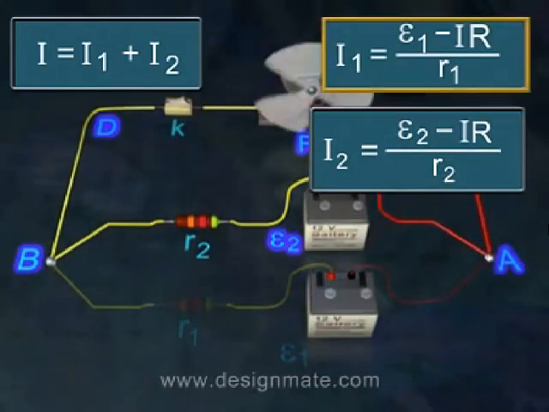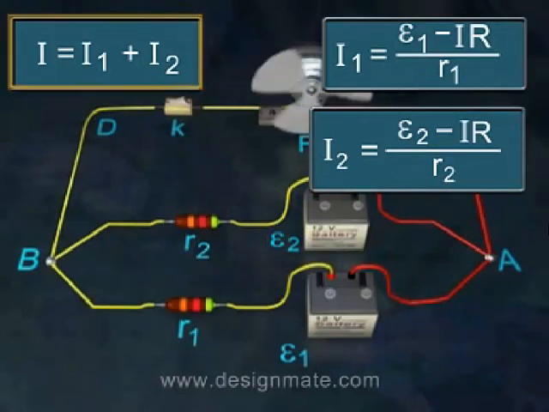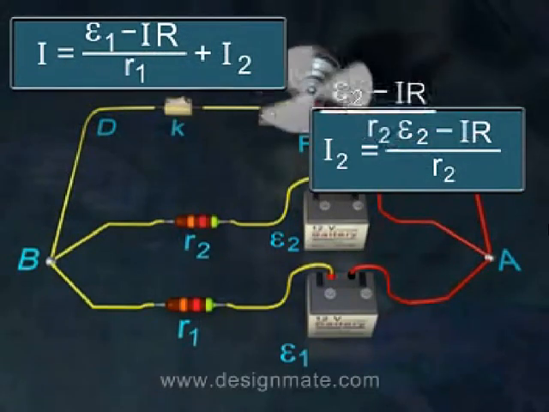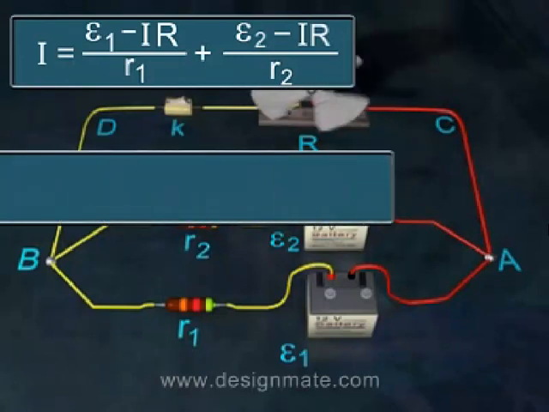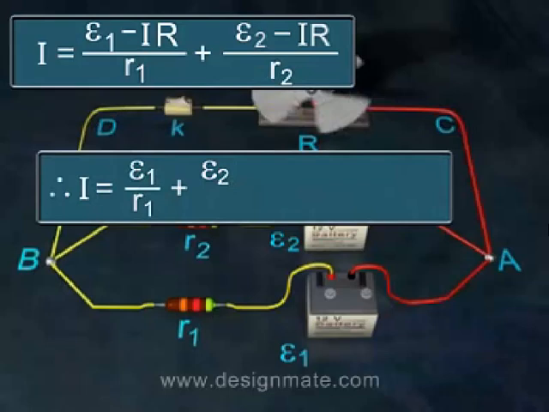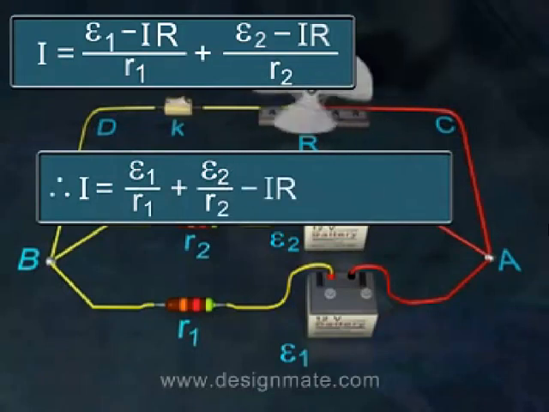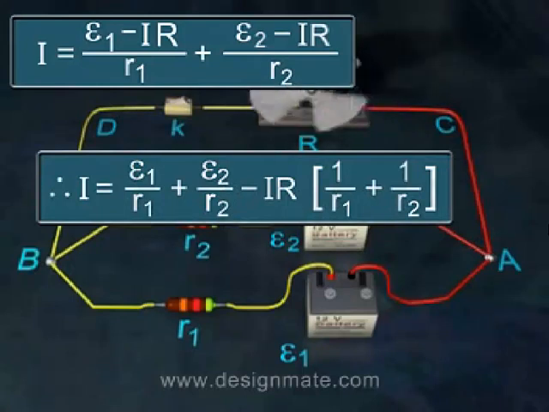Substituting the values of I1 and I2 in the equation, we have I is equal to epsilon 1 minus IR upon R1 plus epsilon 2 minus IR upon R2. Therefore, I is equal to epsilon 1 upon R1 plus epsilon 2 upon R2 minus IR into 1 upon R1 plus 1 upon R2.